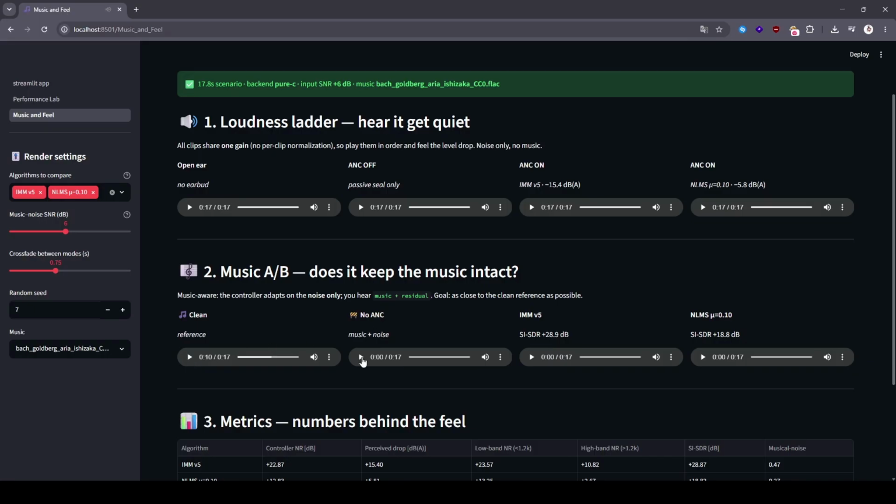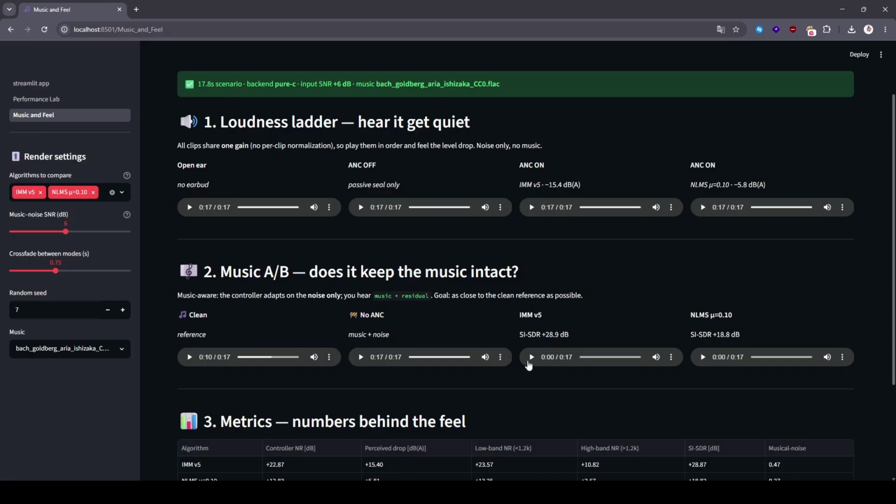And here with the earbuds on, without the ANC, with noise. Yeah, the noise is very obvious in this part without the ANC.